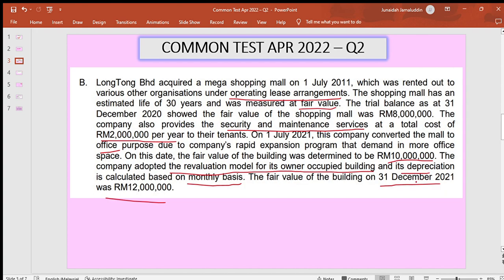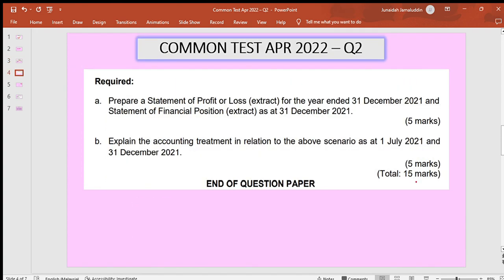Let's check out what is required by the question. A, prepare a statement of profit or loss extract for year ended 31st December 2021 and statement of financial position extract as at 31st December 2021. B, explain the accounting treatment in relation to the above scenario as at 1st July 2021 and 31st December 2021.